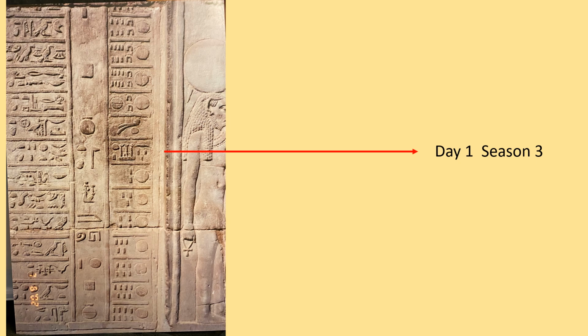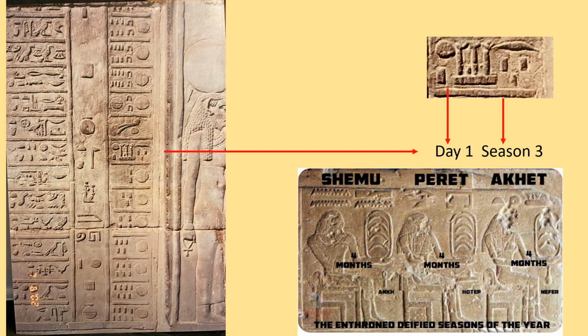At the end of one season, we have day one of, in this case, the third season. The 3 seasons are Shemu, Peret, Aket. So what we see on this calendar is day one of season 3 or day one of Aket.